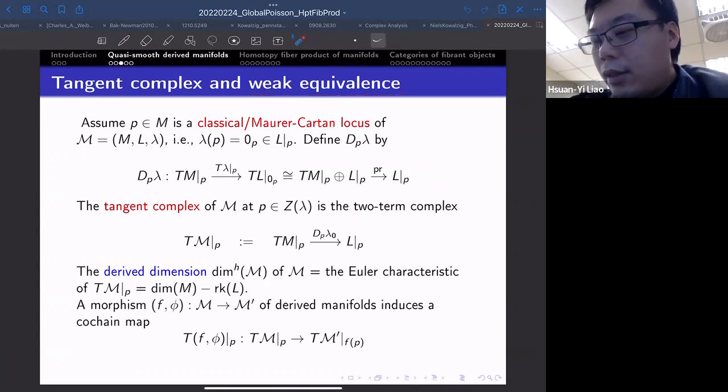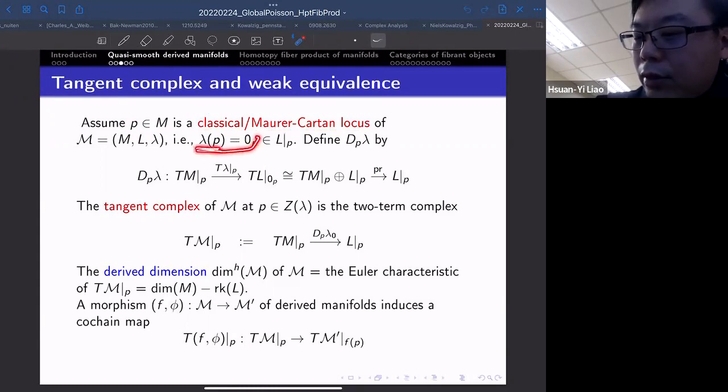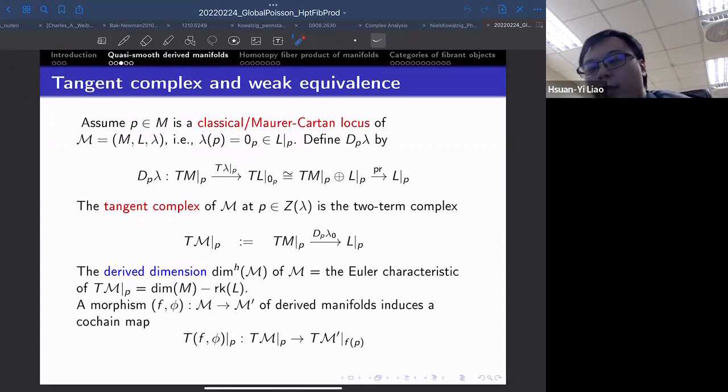To define weak equivalence, I need to define the tangent complex. A point in the base manifold is called a classical locus, or Maurer-Cartan locus, if it is a zero of the given section.